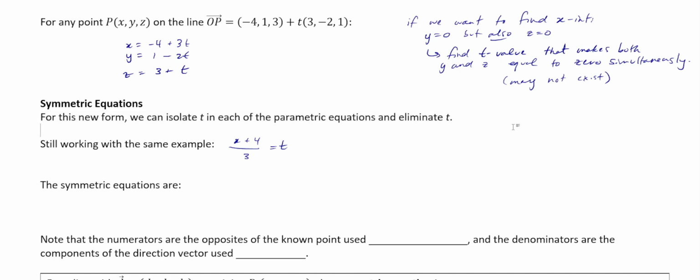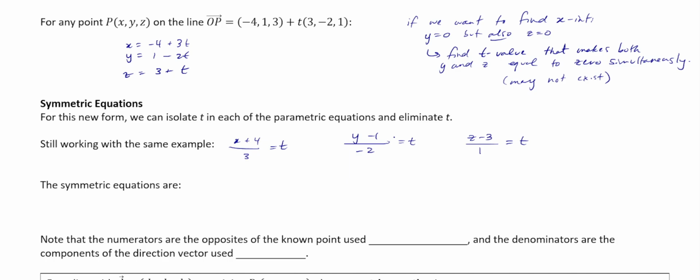Alternatively, y minus 1 all over negative 2 is equal to t. And then z minus 3, and there's no coefficient in front of t here, so I could say divided by 1, for example. That's also equal to t.